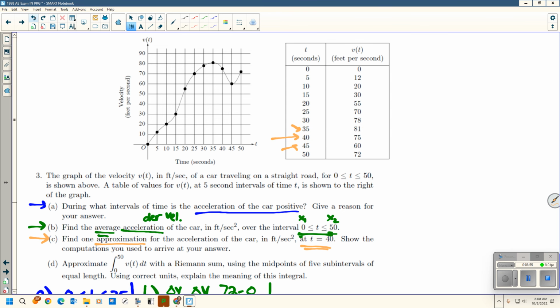Or I can use 40 and 45. Whatever 2 I want. So like right here, look on the graph. If I use this dot and this dot, that will give me an approximation. It's kind of close to the slope right at 40.